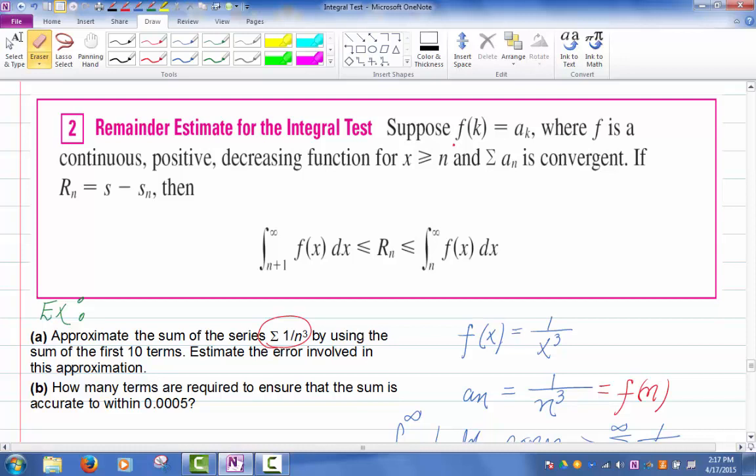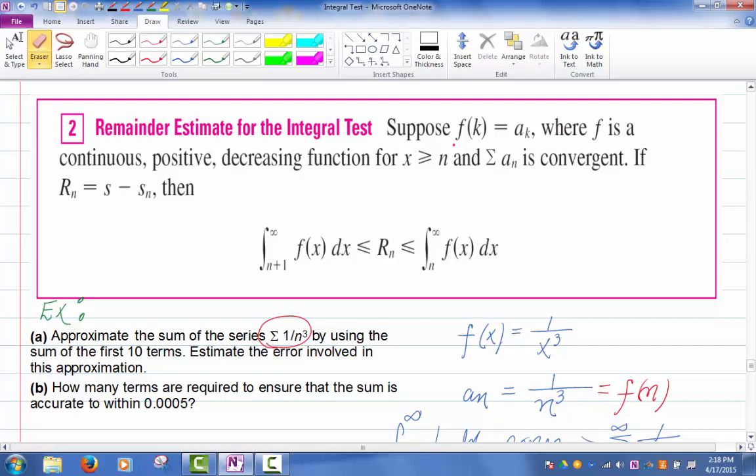So k could be 1, 2, 3, and so on. Whereas the function f is defined for the entire interval of real numbers from 1 to infinity. So when you write f of x, you're thinking of x taking on any value from 1 to infinity. When you're thinking of f of k, you're only thinking of k as a positive integer.